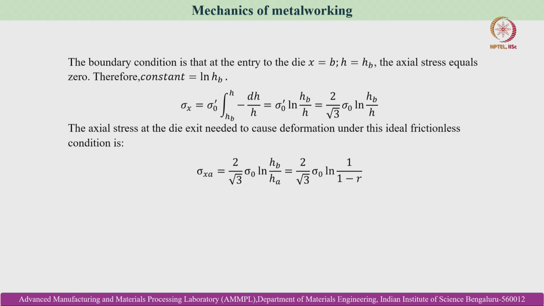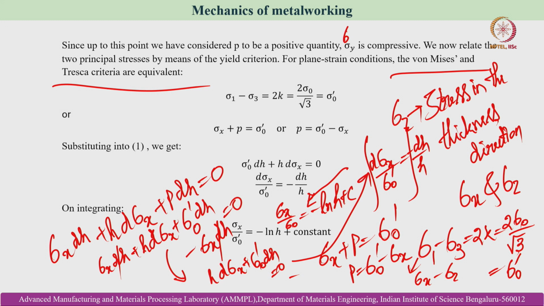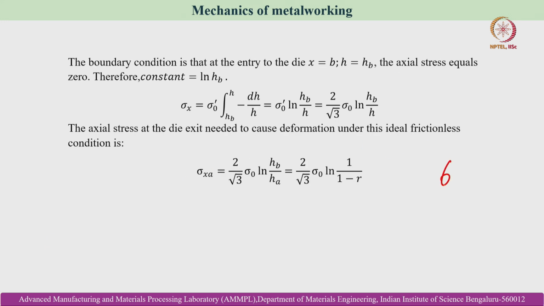Okay. So, we have seen here that sigma x by sigma 0 is equal to minus ln h plus c. And we are talking about the limiting conditions when x is equal to b, h is equal to h b, and the axial stress becomes equal to 0. So, in that case, 0 divided by sigma 0 is equal to 0.